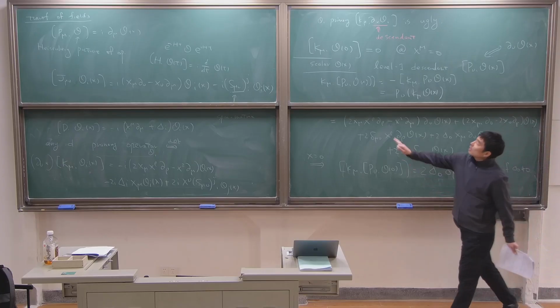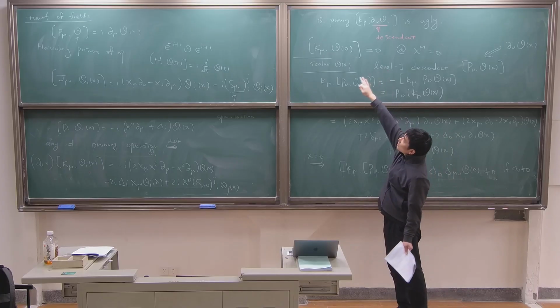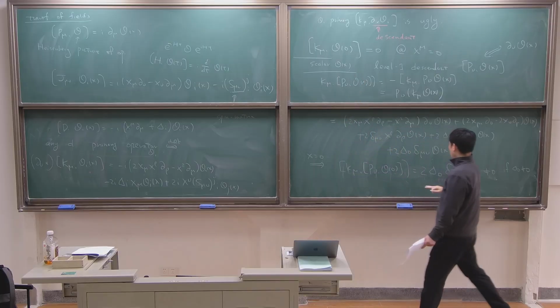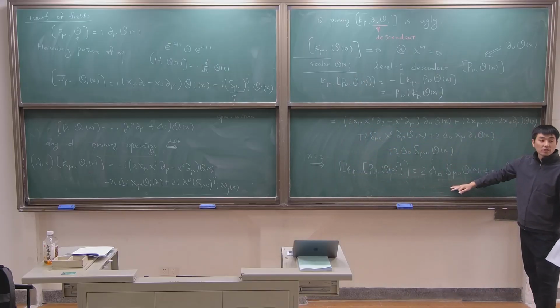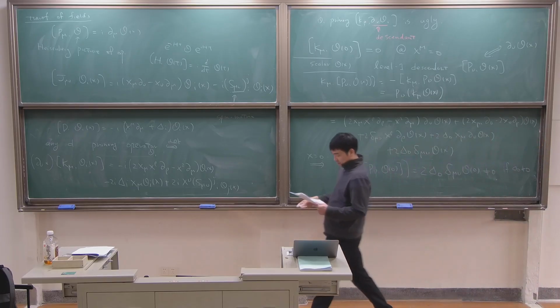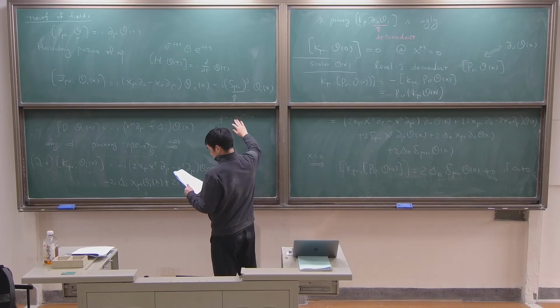The primary state always gives 0 once the special conformal transformation acts on the operator at 0. But for a descendant, generically you won't get 0, because usually this delta is non-zero. Okay, this is how you see that.